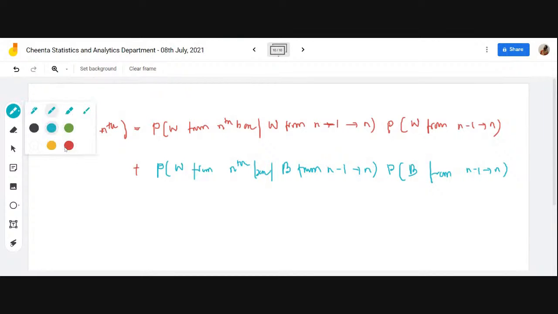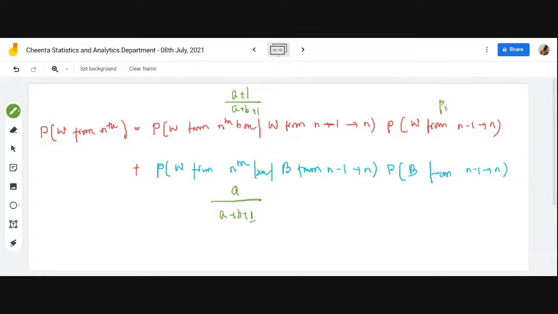Now let's find out individual probability. So this probability we know that given that white is transferred from this, there are A plus 1 white. So it's A plus 1 by A plus B plus 1. This here is A by A plus B plus 1. This here is the probability the white is being transferred from n minus 1th box to nth box, which is Pn minus 1.